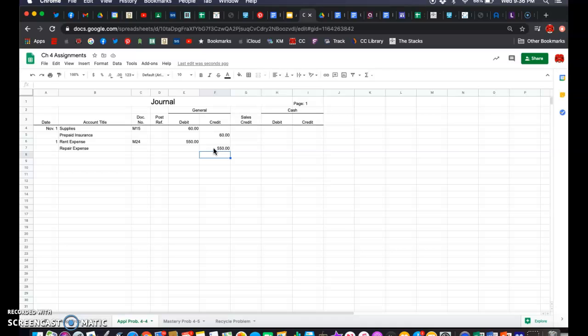Okay, so correcting entries, read through it. It might take 2 or 3 times. It does for me. I always have to read it once and then I go back and read it again. What accounts were affected, what was supposed to happen, and then what did happen. And you have to look and see and make sure that your debits and credits are going to equal. And we don't have to add anything up here or anything like that.